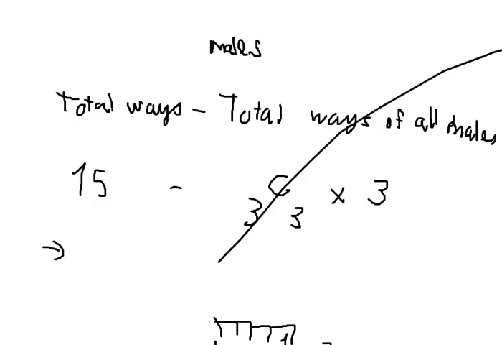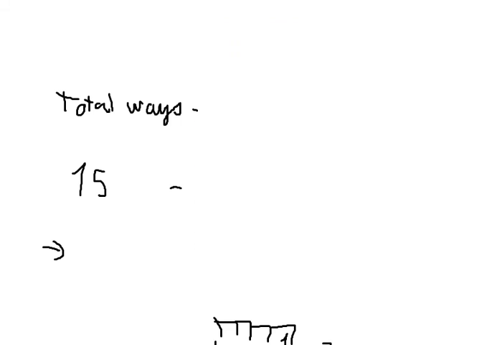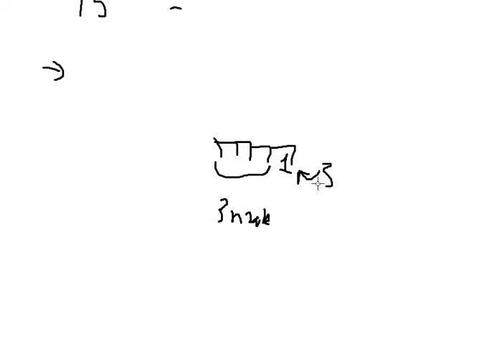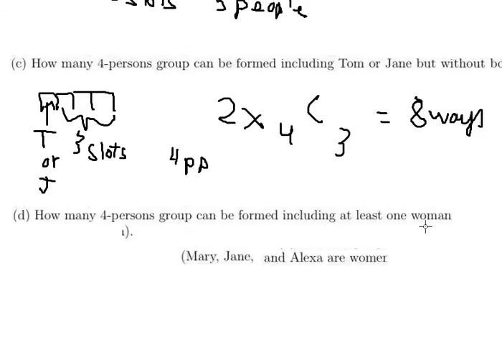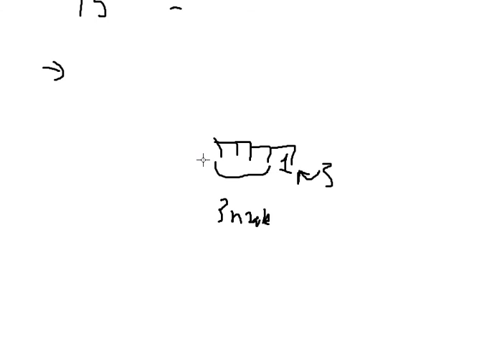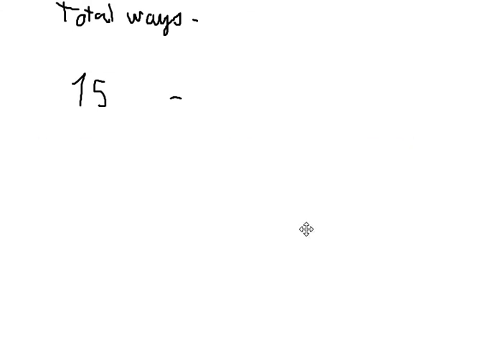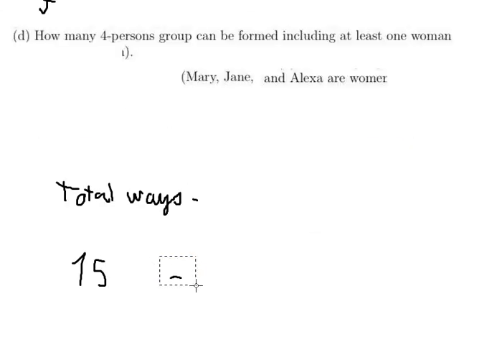So we just ignore this. Now we just get the same total ways, 15, because the last person here is female. That means we include 1 woman in this group. So the final answer for question D should be 15.